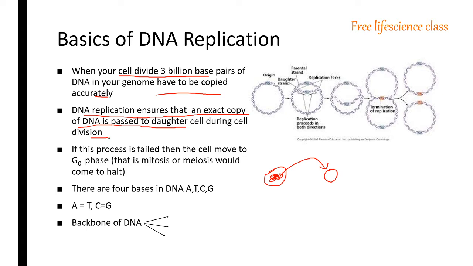Okay, so if your cell fails to divide, or it cannot replicate, then what will happen? This process, that is cell division, will not take place. It will arrest in the G0 phase. You know the cell cycle phases, that is interphase and mitotic phase.